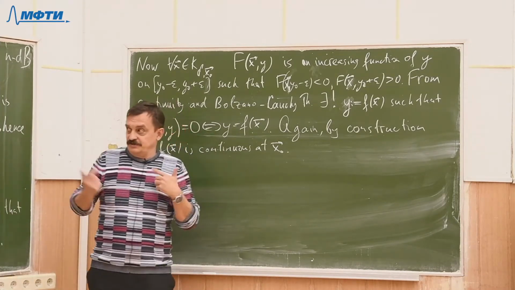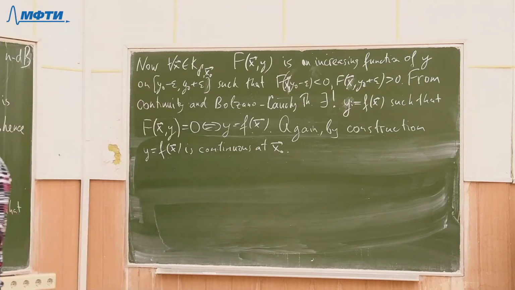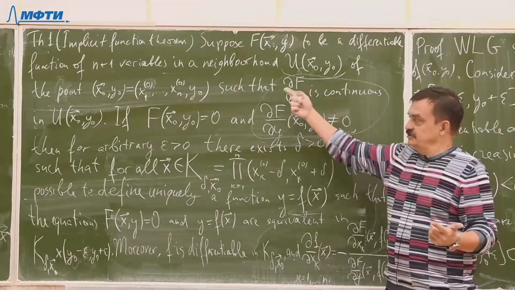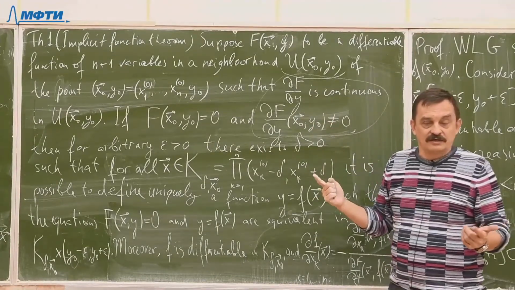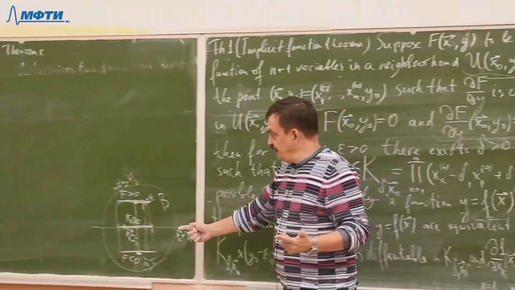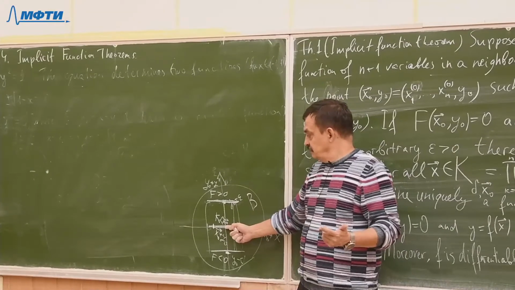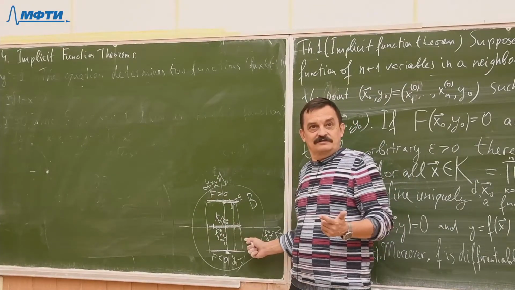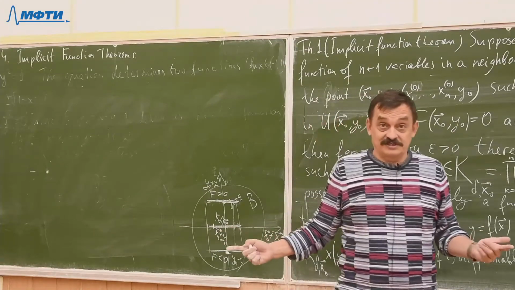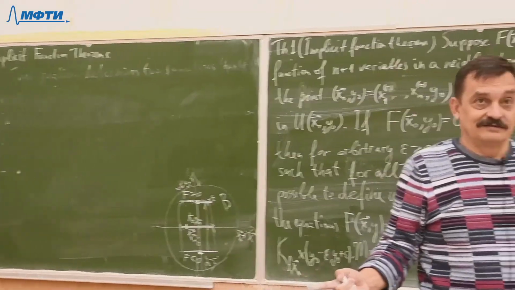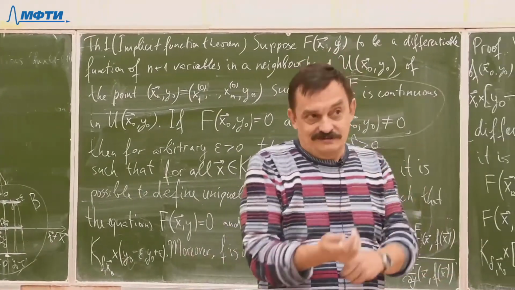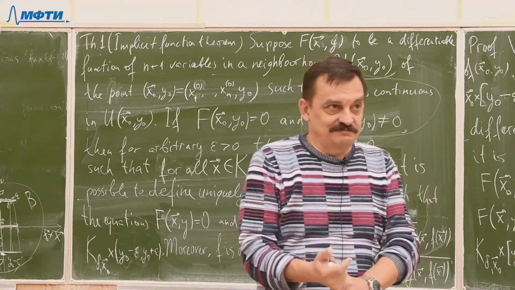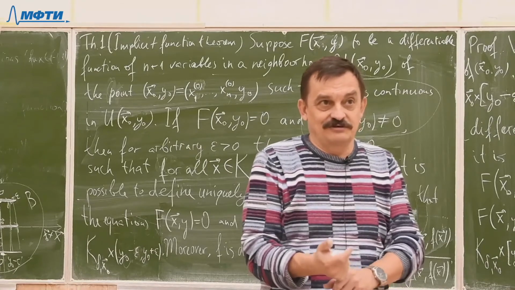Moreover, what were the suppositions? Partial derivative is not 0, and so on. But if I consider another point instead of our point, then all conditions are satisfied, because the function is continuous, differentiable, the partial derivative is continuous, non-zero, and so on.